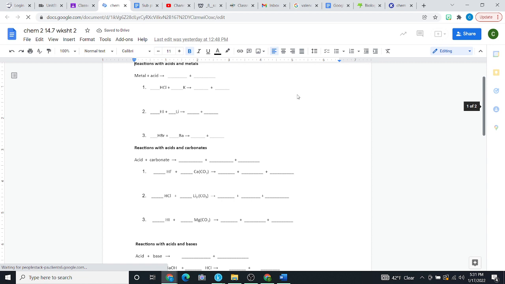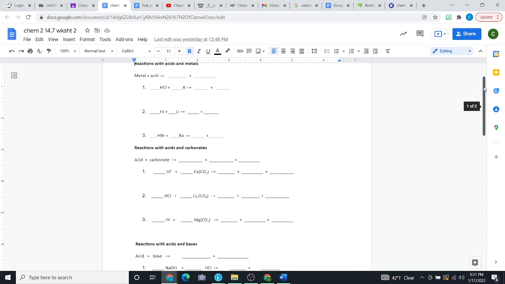All right, so I'm going to fill out this main part with you, which these are in your notes. If you have a metal and an acid, that will give you H2 plus a salt. Then you have 3 that are going to be just like that.